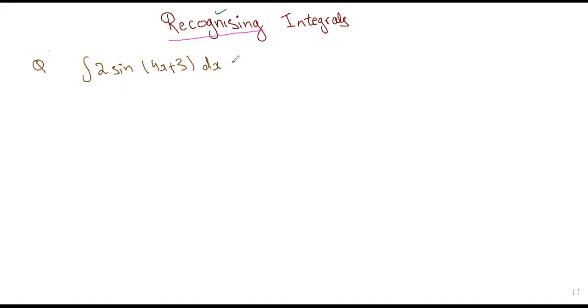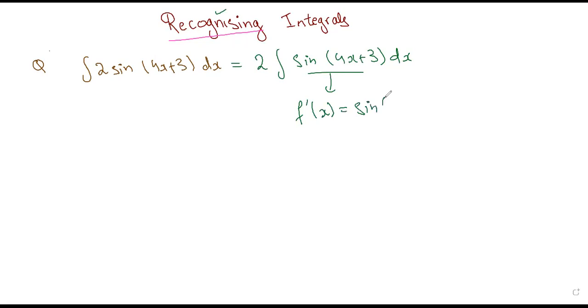Now, I can rewrite this question as 2 integration sine 4x plus 3 dx. This is my f dash x, that is sine 4x plus 3. And now I need to work on my f of x.